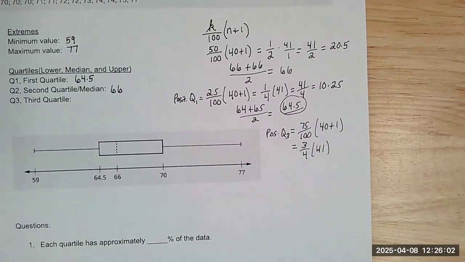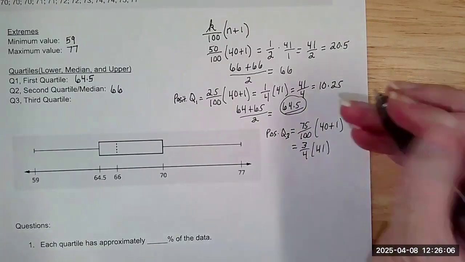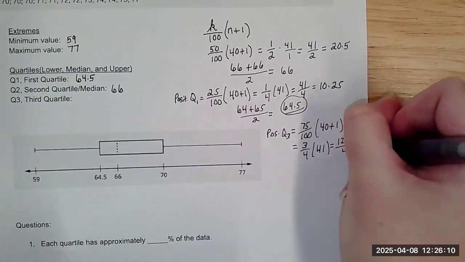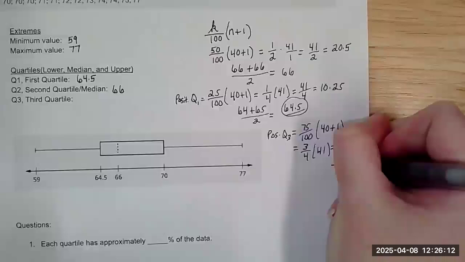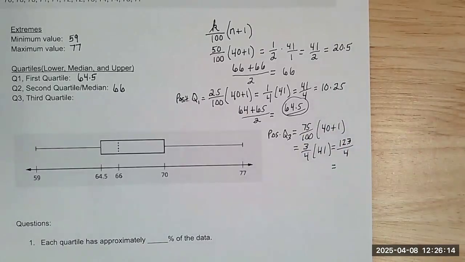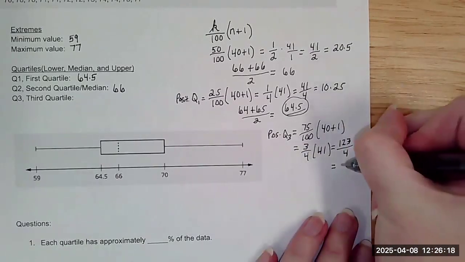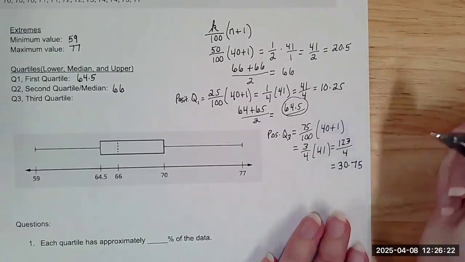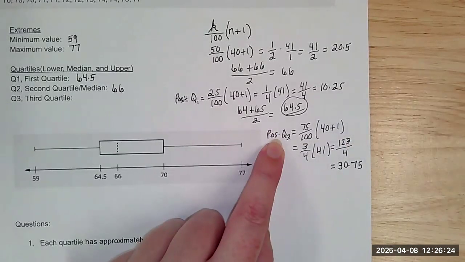So 3 times 41 is 123, divided by 4. I won't make you do that in your head. That's 30.75. So that's the position for Q3.